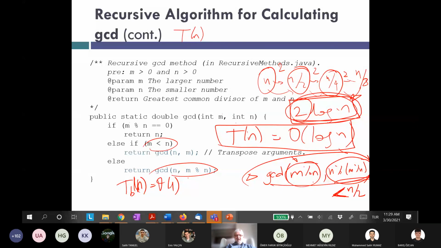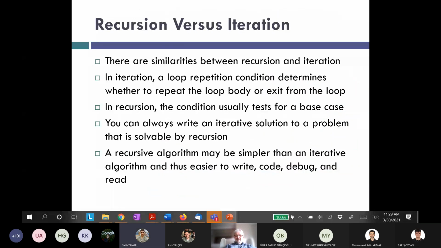Not only the size of n, but the relation between m and n. N could be very large, but still divide m, and the problem is very simple. Is it clear? Clear. Okay.